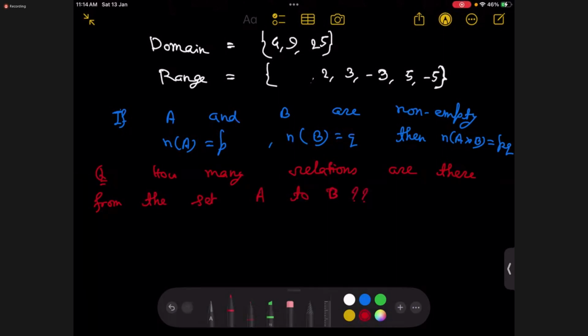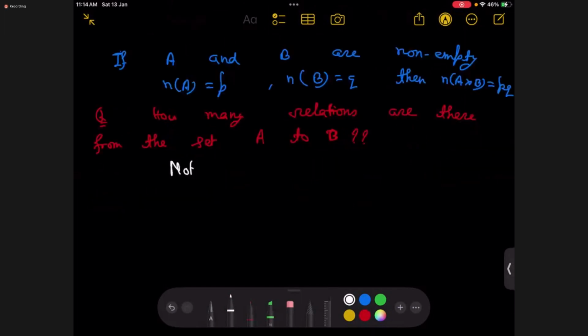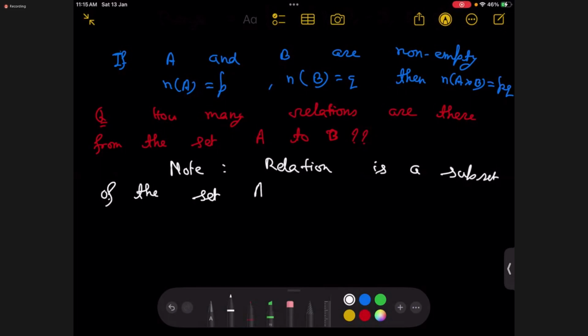Now observe one thing, that any relation is a subset of the set A cross B. So note that a relation is a subset of the set A cross B.